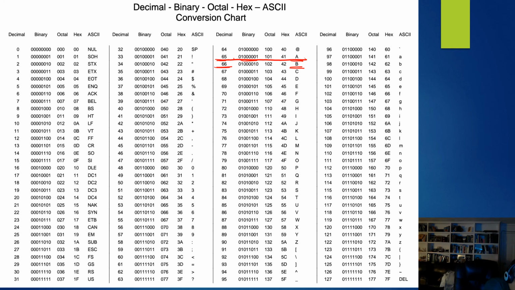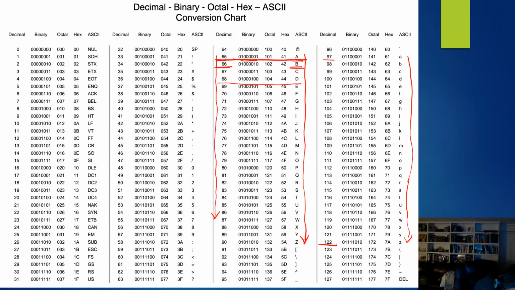C is 67 and D is 68. So if you look at the English letters from A to Z, you can see that the corresponding ASCII codes actually increase. Now the lowercase English letters a to z start from 97. So a is 97 and z is 122.